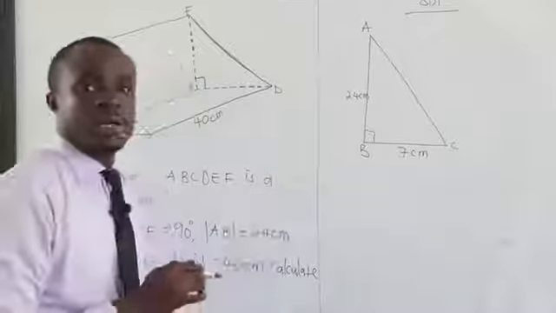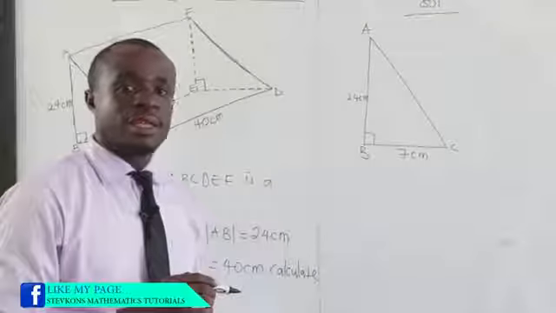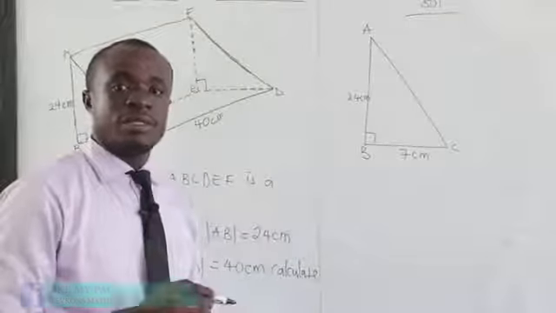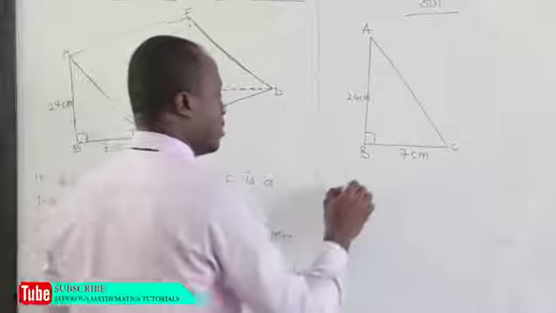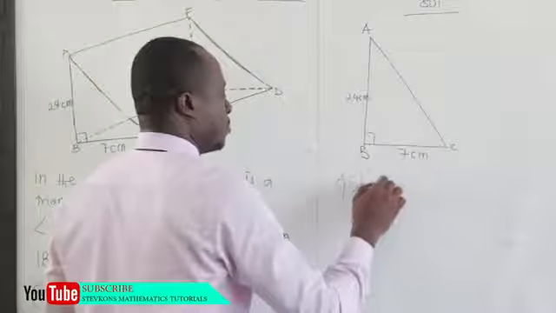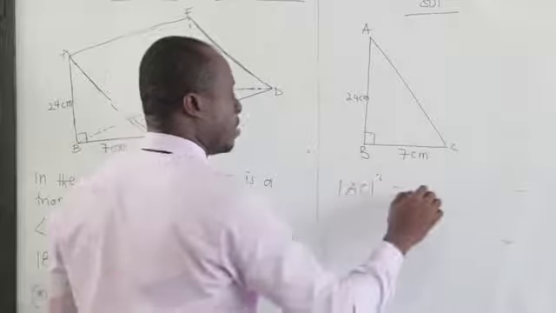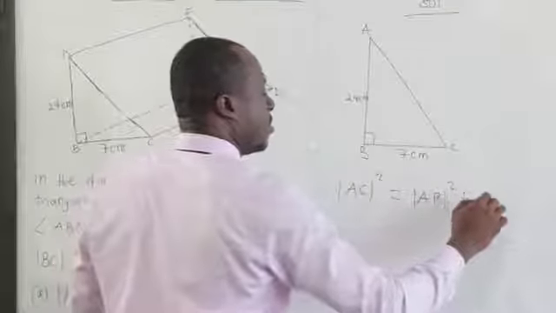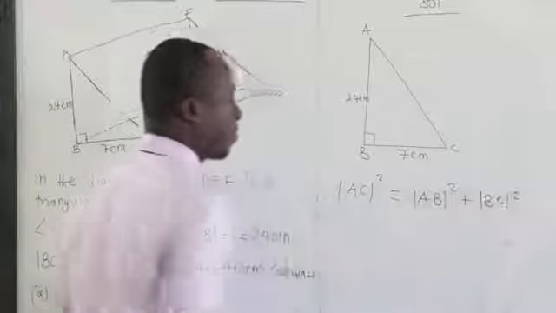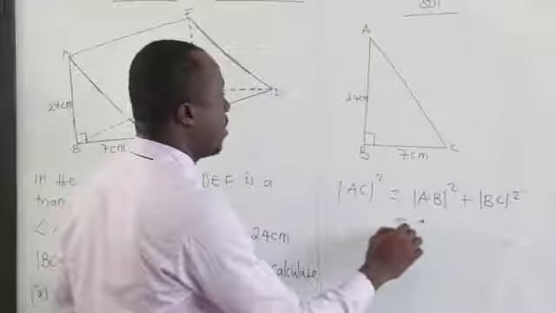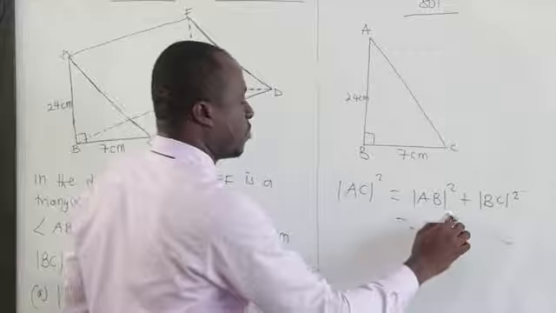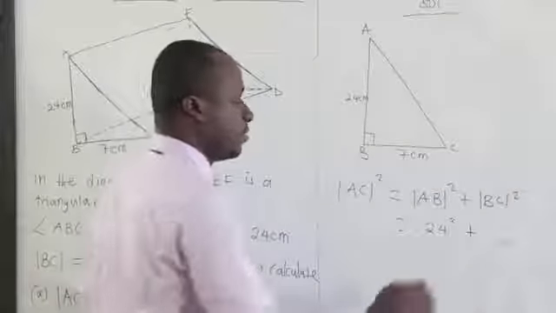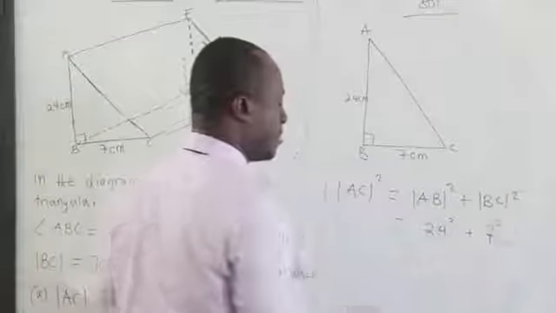So we can use Pythagoras theorem to find our length AC. What does the Pythagoras theorem say? It says that AC square is equal to the square of the other sides, so AB square plus BC square. AB is 24, so we have 24 square. BC is 7, so that is 7 square.